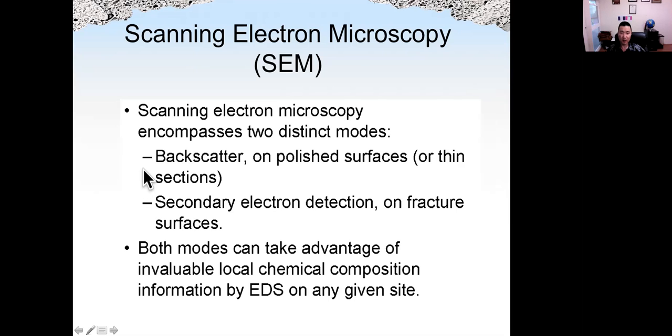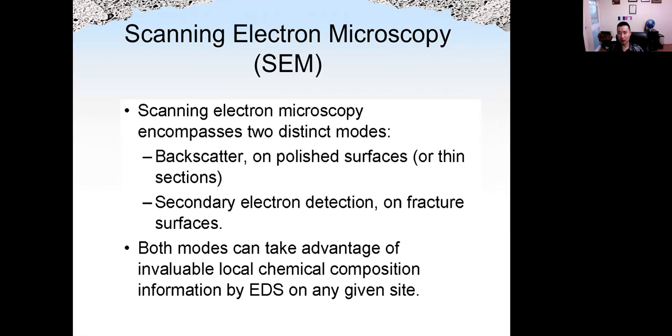For SEM, we have two different modes. The first one is called backscattered. For backscatter mode, the sample needs to be polished, okay, a very smooth surface. The second mode is called secondary electron detection. Then the sample is a fractured surface.